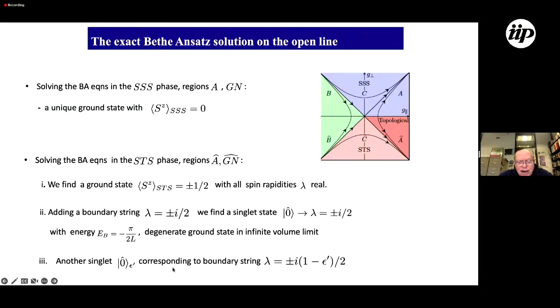And there is another singlet, again close to it, which I can identify by a little bit twisting the boundary conditions.